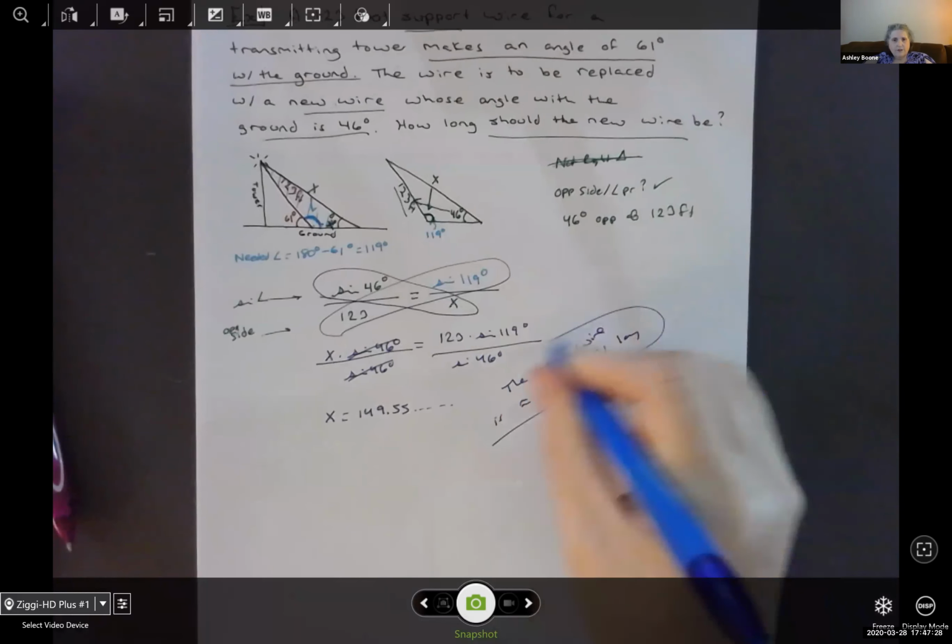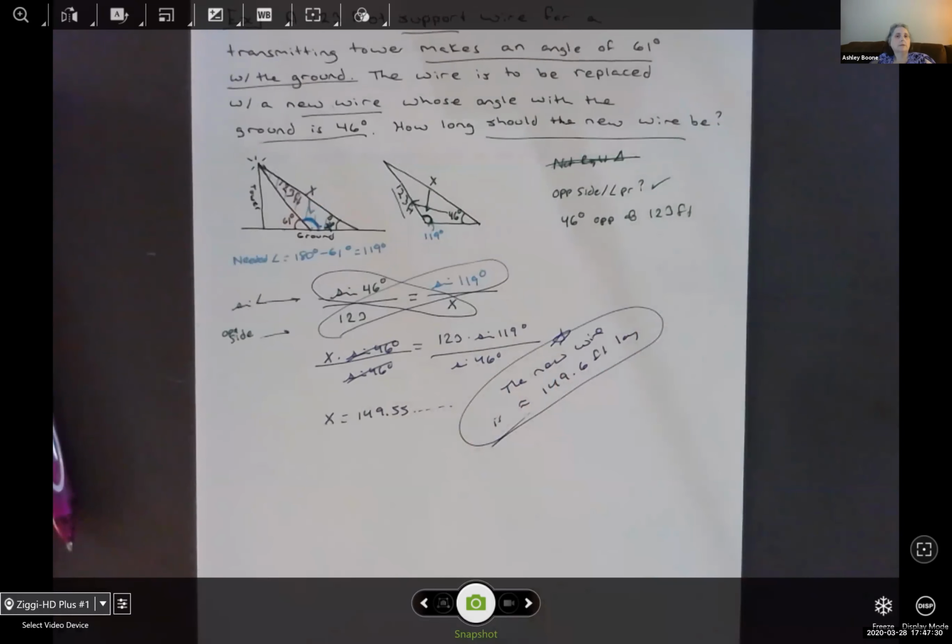Of course, the further you take the decimals, the better as you go. But that's your answer. That's how you go through and deal with finding a missing side using your law of sines. Okay? Let's look at another example.